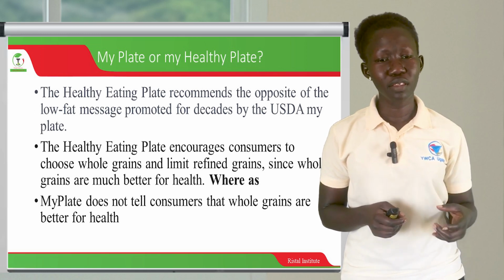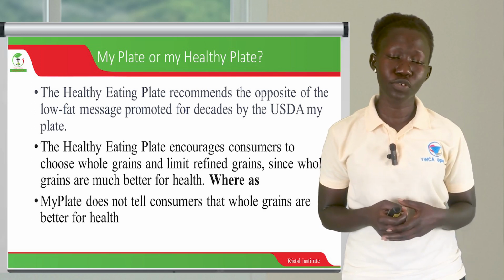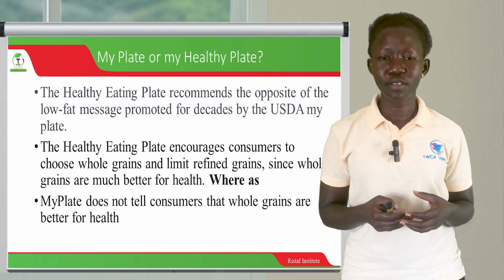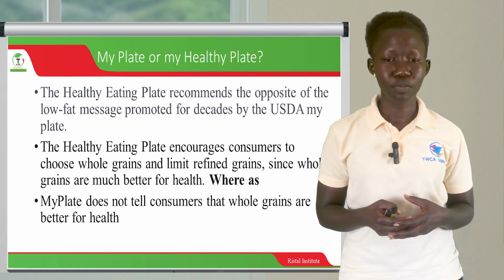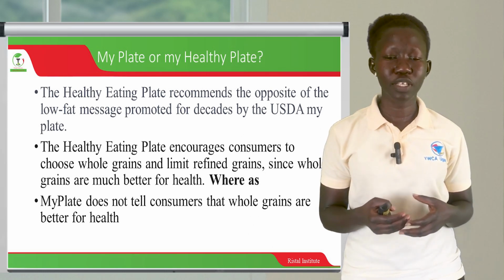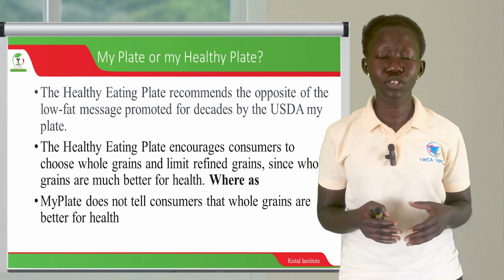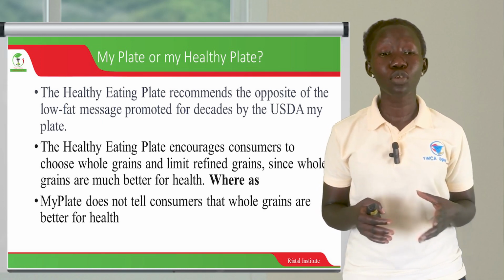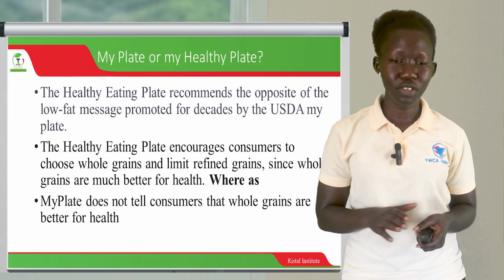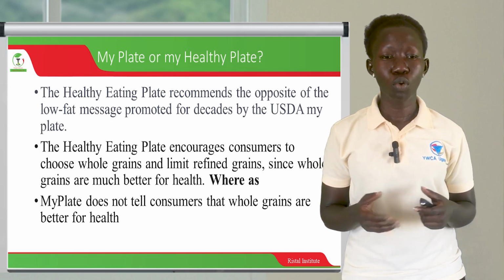While the healthy eating plate encourages consumers to choose whole grains and limit refined grains, since whole grains are much better for health, the My Plate does not tell consumers that whole grains are better for health. It just generalizes that you should have whole grains.